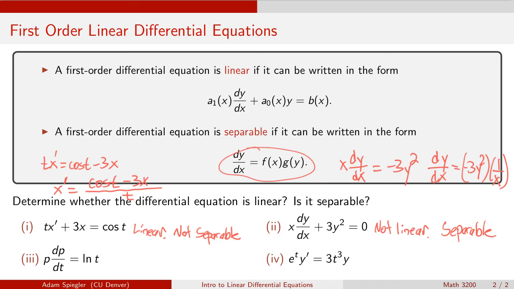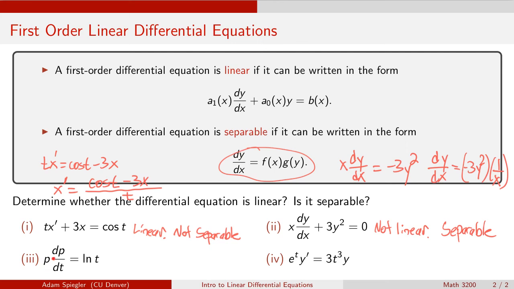And identifying the type of differential equation that you have, again, this is going to be really useful because it will help us identify what sorts of methods we can use to solve the differential equation. Okay. Differential equation 3, we've got p times dp dt equals natural log of t. This one is not linear because we have a dp dt being multiplied by a p.